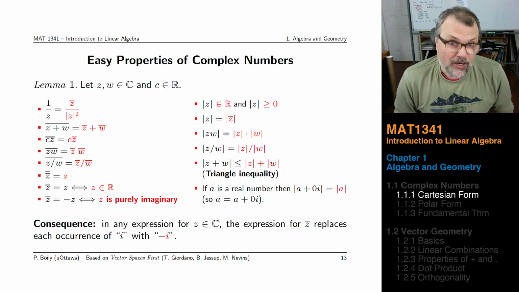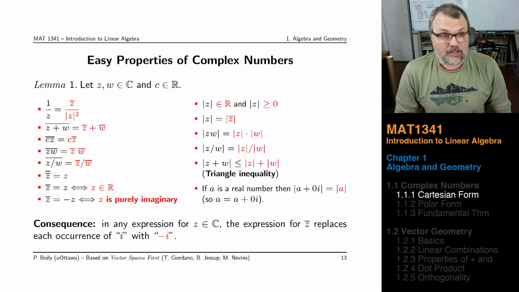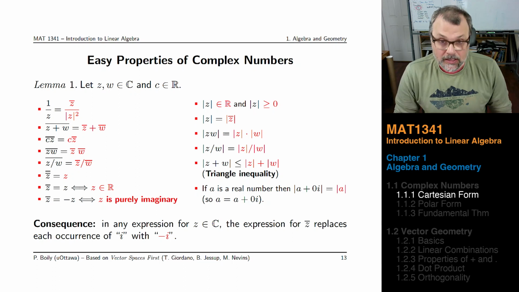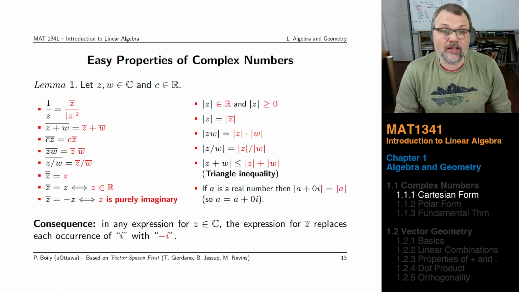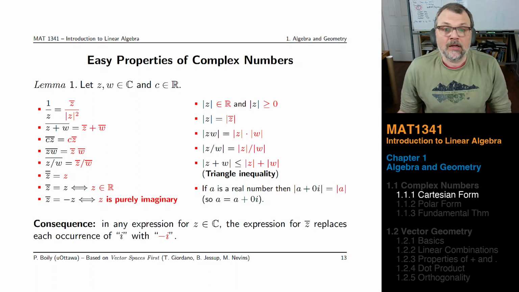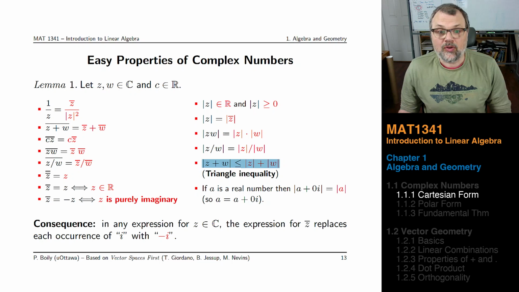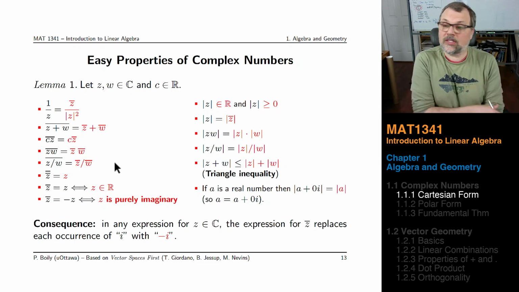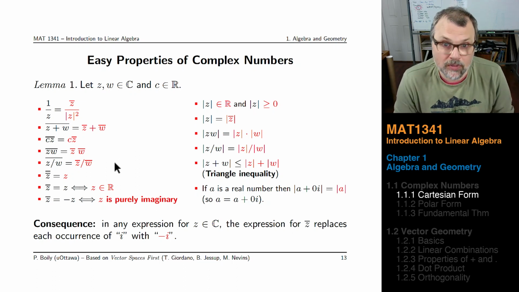There's tons of easy properties here. Complex numbers satisfy a bunch of these conditions. I don't remember them explicitly, but I sort of know that they behave nicely with respect to the product and division. Same thing with the conjugate numbers and the modulus. The one that's very useful would be this one here, the triangle inequality. The modulus of z plus w is less than or equal to the modulus of z plus the modulus of w.